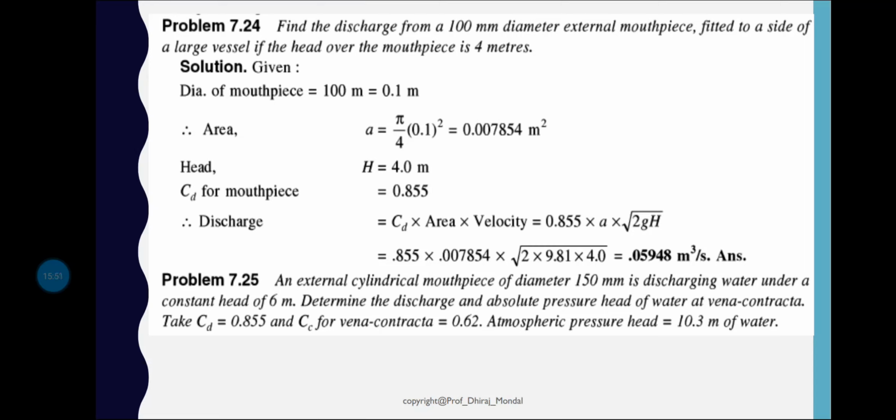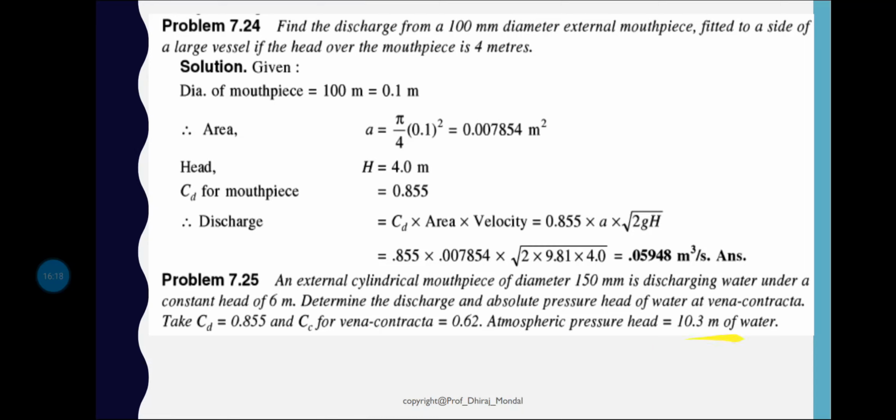7.25. An external cylindrical mouthpiece of diameter 150 mm is discharging water under a constant head of 6 meter. Determine the discharge and absolute pressure head of water at vena contracta. Take Cd is equal to 0.855 and Cc for vena contracta 0.62.